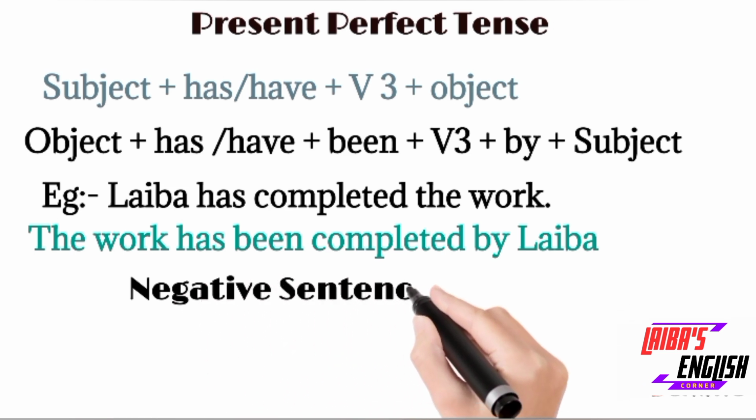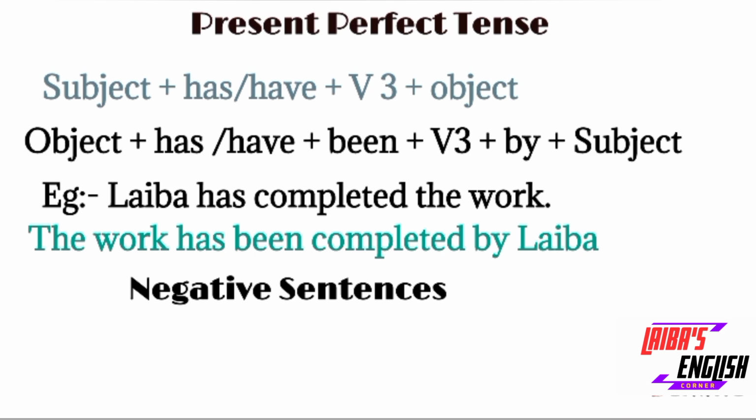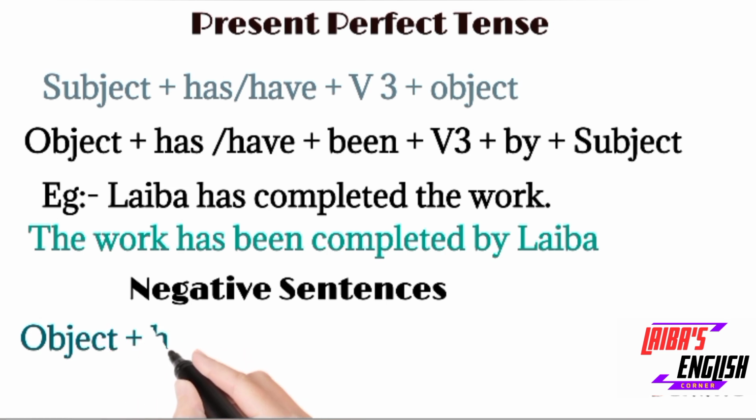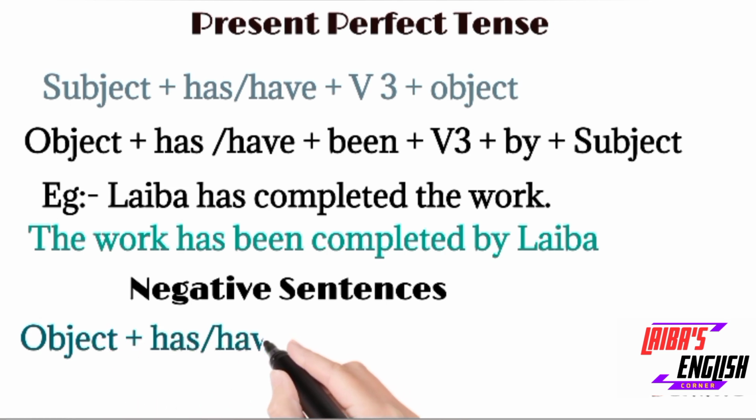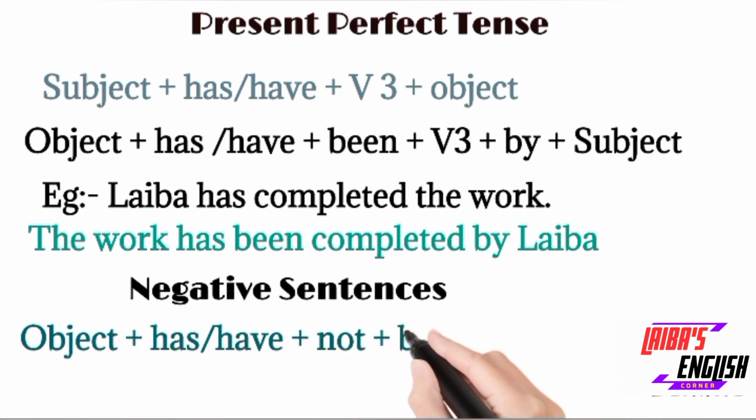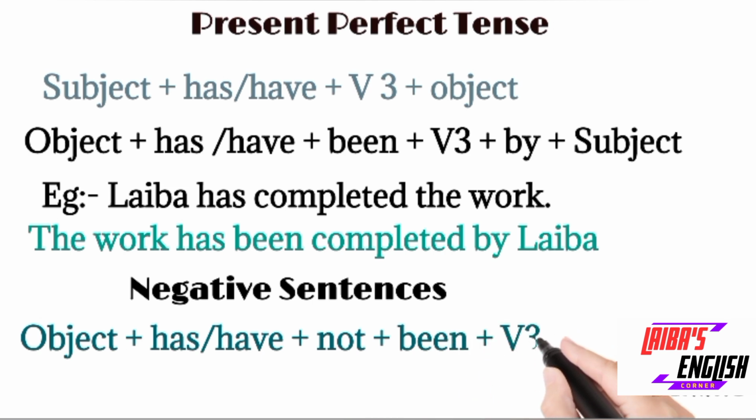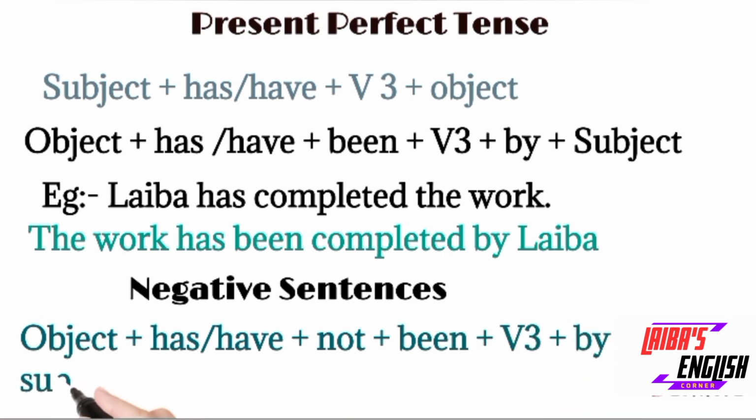Now we have to change the same sentence into the negative and in the interrogative. If you can do it by yourself, just pause the video and do it, and I will do it for you here. So for the negative sentence, we just have to add "not" directly after the helping verb and directly before being or been or something like that. So object plus has/have plus not plus been plus third form of verb plus by plus subject.